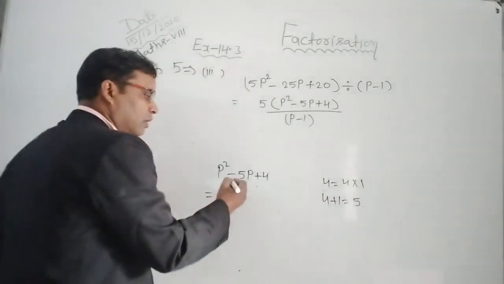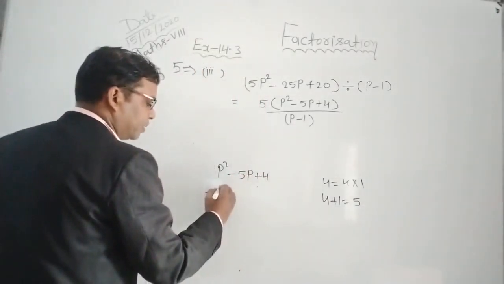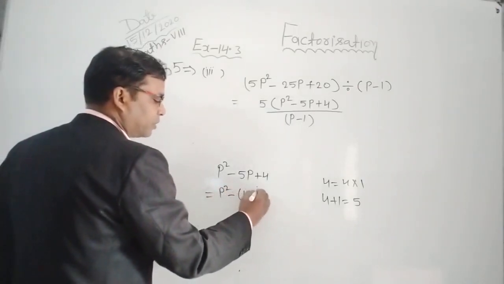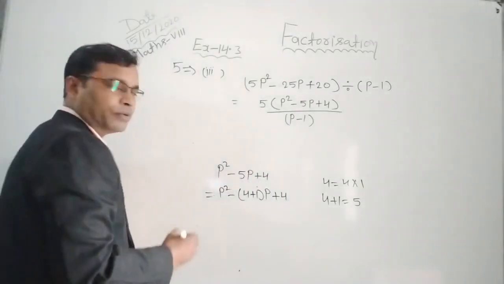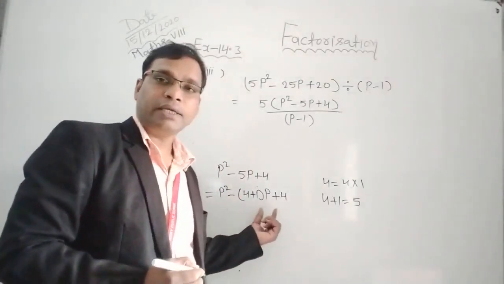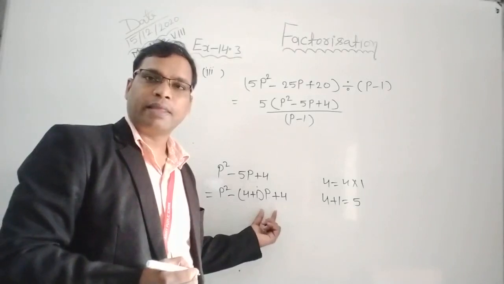So you can replace 5 as 4 plus 1. So we write here p square minus 5p becomes p square minus 4p minus p plus 4. After this, we apply the distributive law of multiplication over addition.